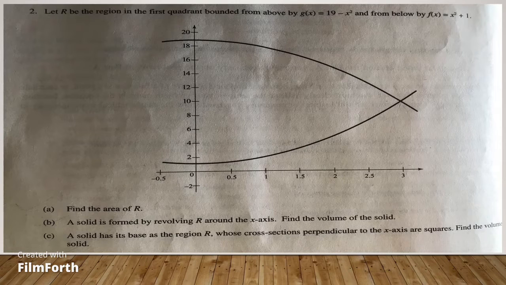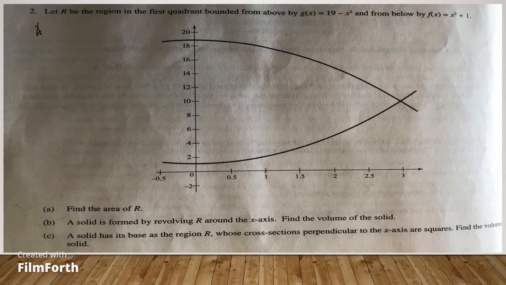Question C. A solid has its base as the region R, whose cross-sections perpendicular to the x-axis are squares. Find the volume of the solid. In order to find the volume, we need to find the area of each cross-section, which is the side squared, because it is a square.